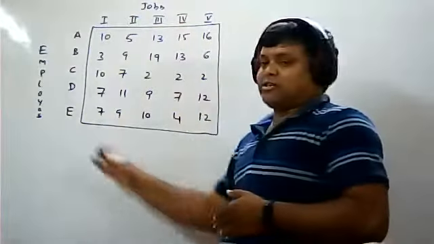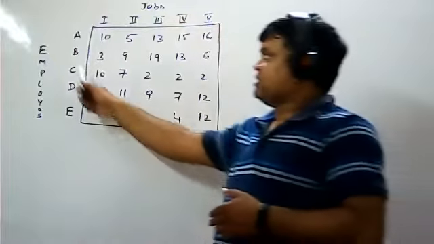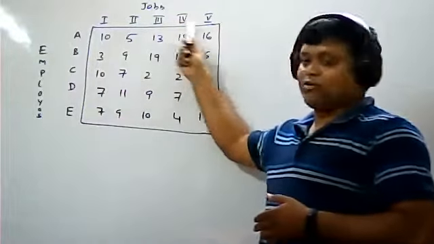In this case, it is a balanced assignment problem, because how many rows are given? 5. And how many columns are given? 5.